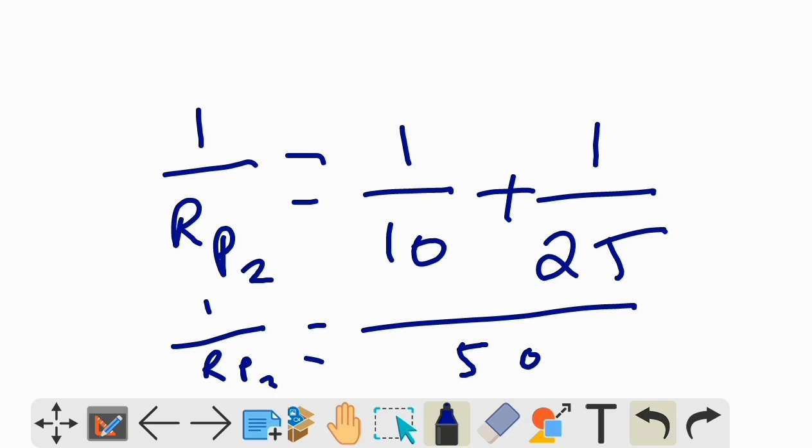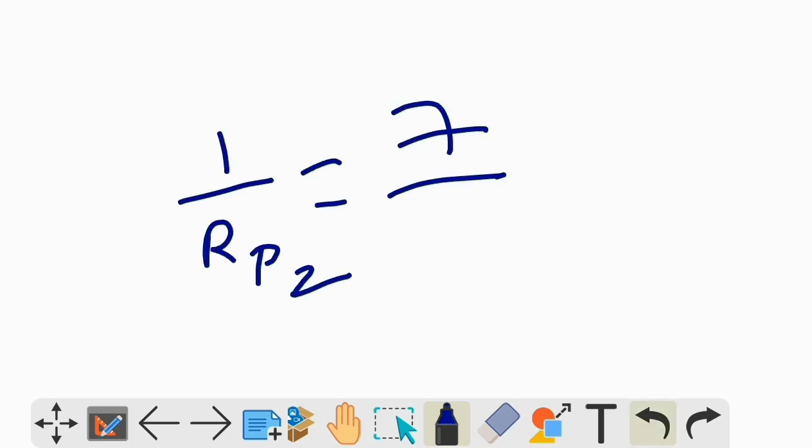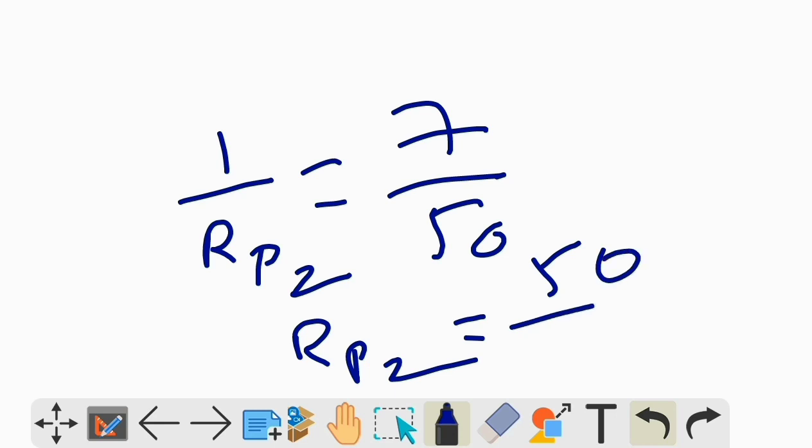Now 10 will go in 50 five times, and 25 will go in 50 two times, so 2 into 1 is 2. 5 plus 2 is 7 by 50. 1 by Rp2 equals 7 by 50 we got. Then Rp2 equals 50 by 7 ohm.